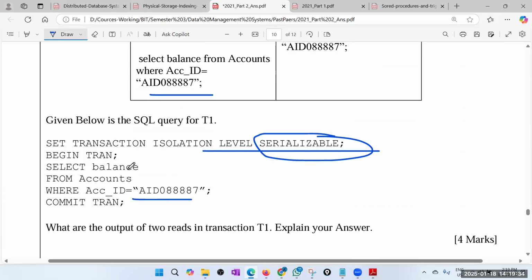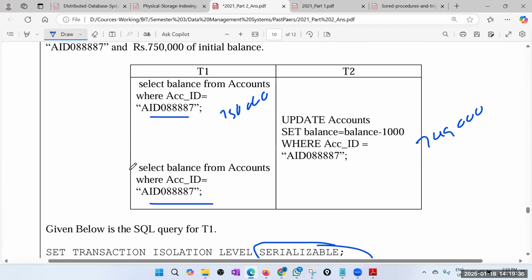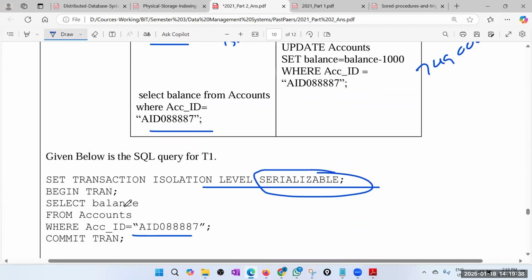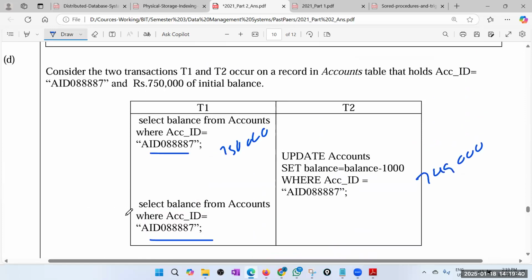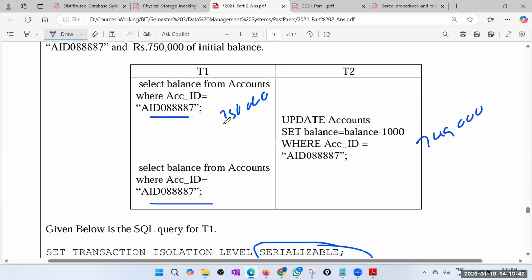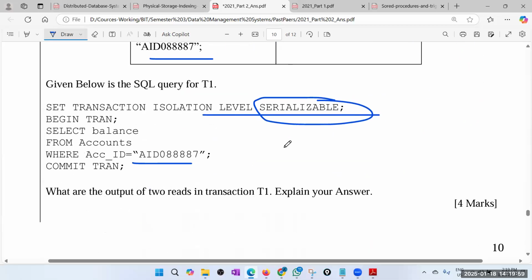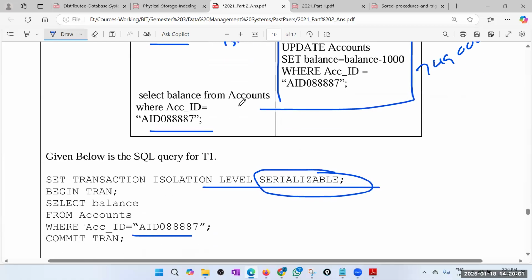Serializable. No issue can happen. Therefore, this value will not be reflected to T1, so it can't see any undesirable effect. You can simply ignore this until these 2 are done and committed or rolled back. This won't be executed. Therefore, both times you have the same balance.